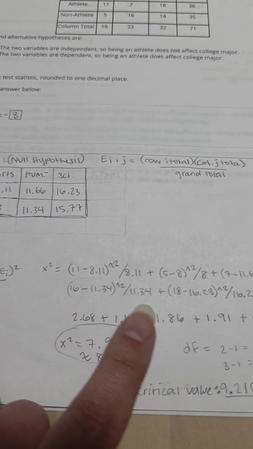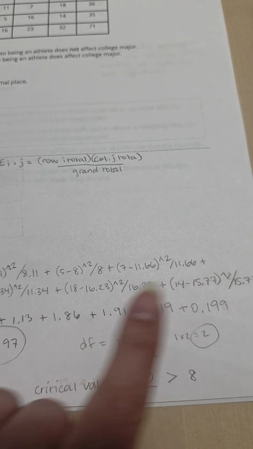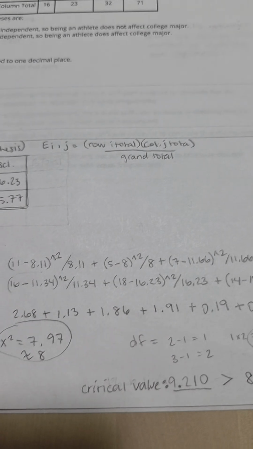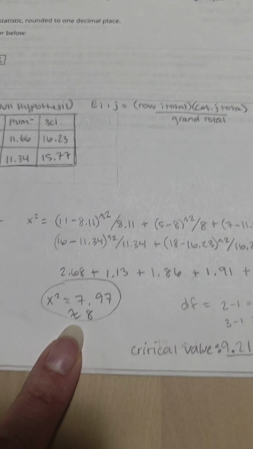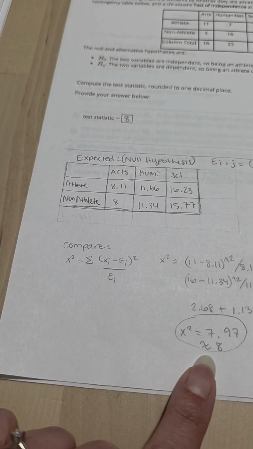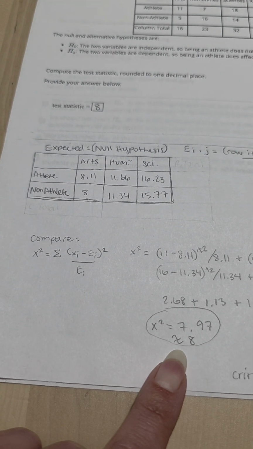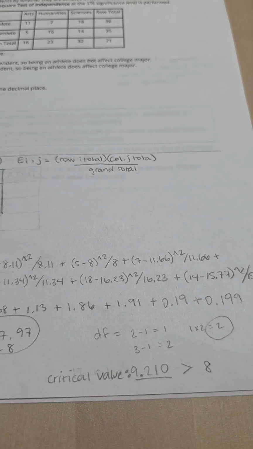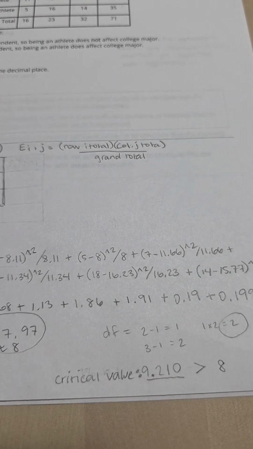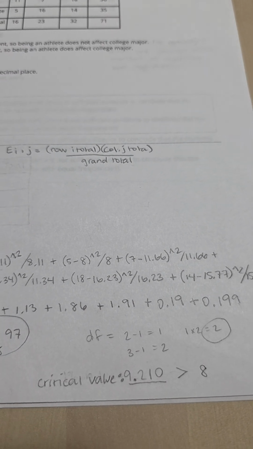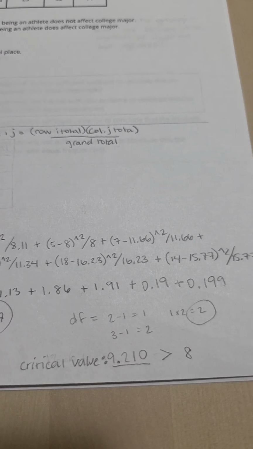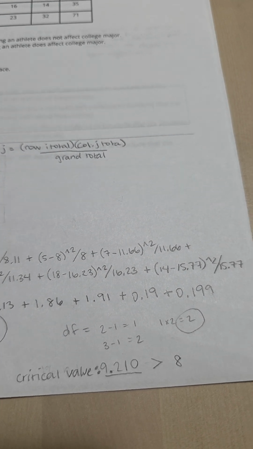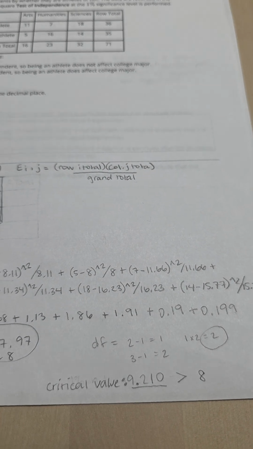These are all of the values computed. And then I just added them all together. And this was my total value, my test statistic, which rounded was 8. And I wasn't sure if I was supposed to go any further than that, but I did get a little bit further. I don't know if anybody else did.